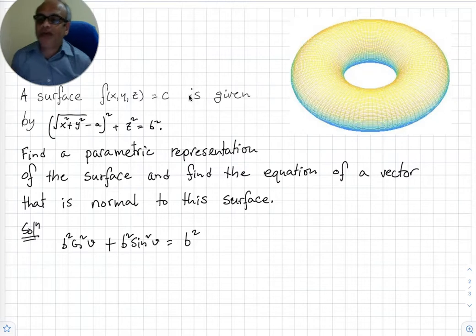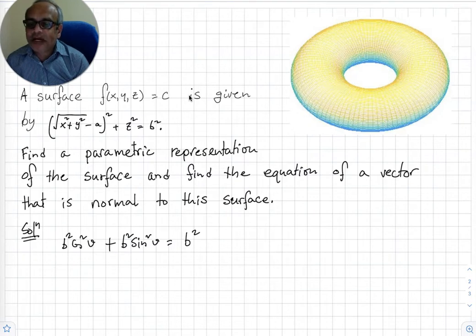You can think of it this way. It's obvious from the trigonometric identity that b squared cos squared v plus b squared sin squared v equals b squared. Simple. So what does it mean?